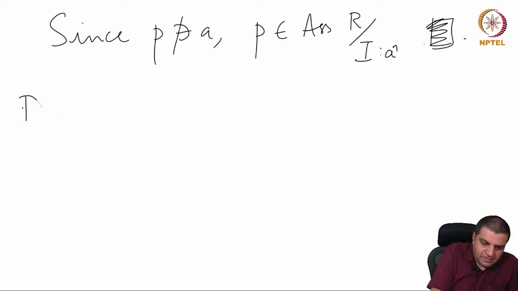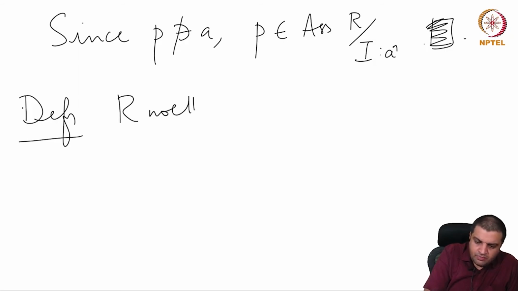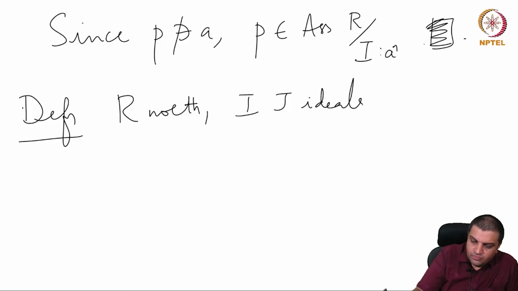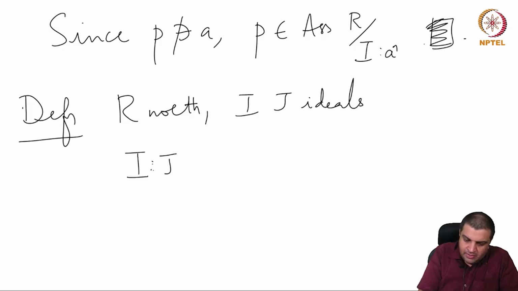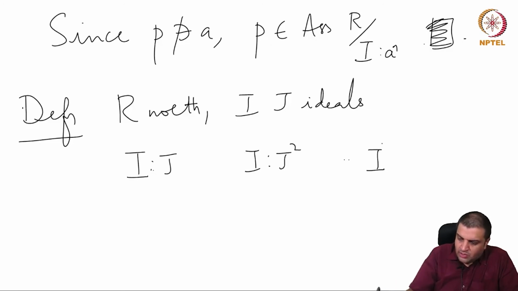So, now definition, again R Noetherian and I and J ideals. Because R is Noetherian, we can look at the following: I colon J, then I colon J squared, and so on, I colon J to the n.